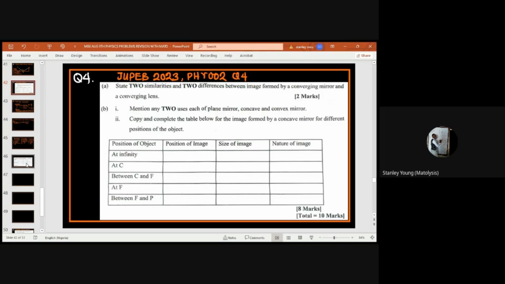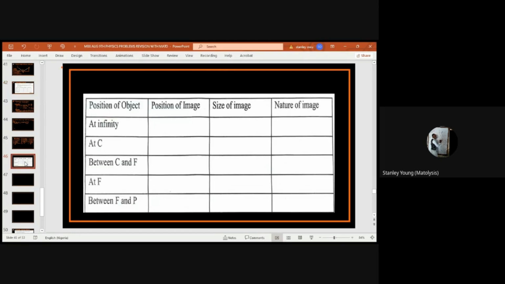Okay, instead of drawing a table, I will just create a small snippet of this. So the question is asking us to complete this table.